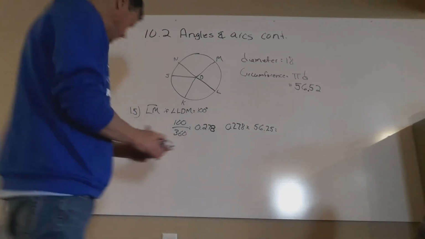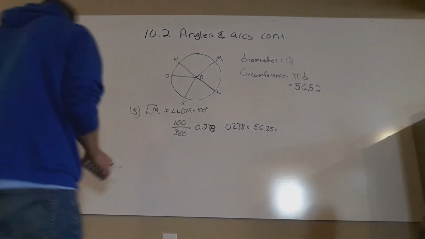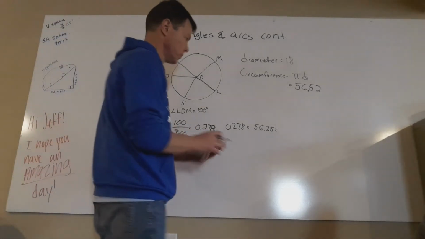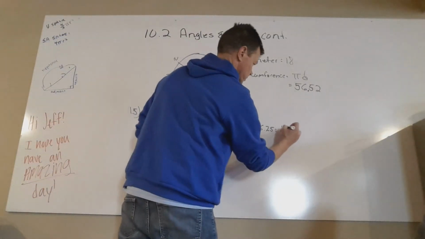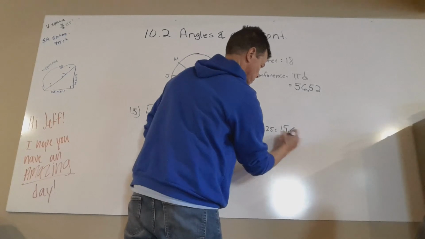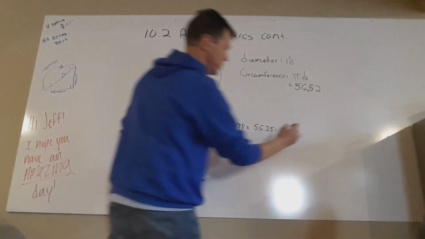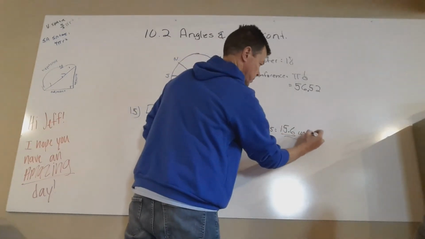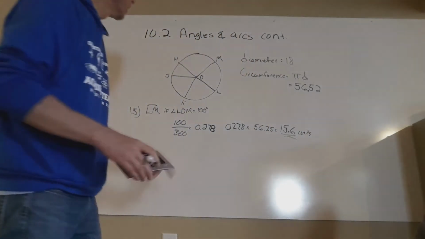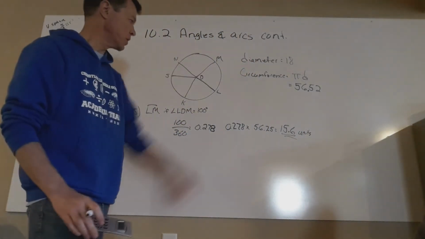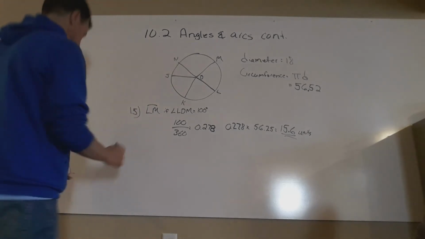And you end up with 15.6. And it would be units. They didn't give us anything specific, but the length of M to L is going to be 15.6 units.